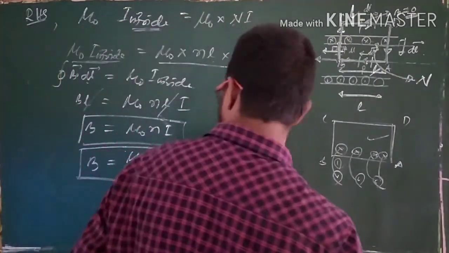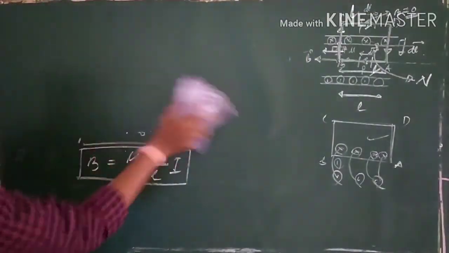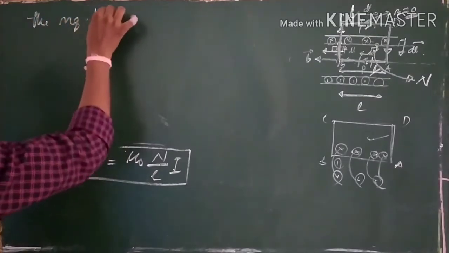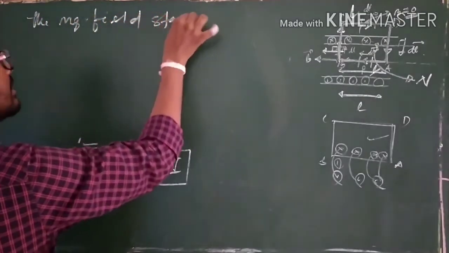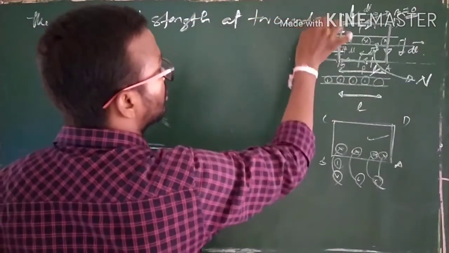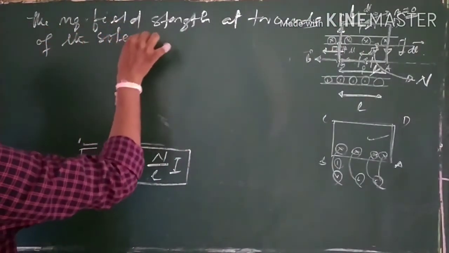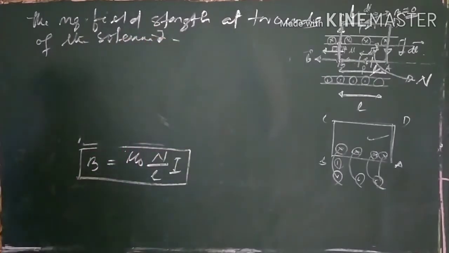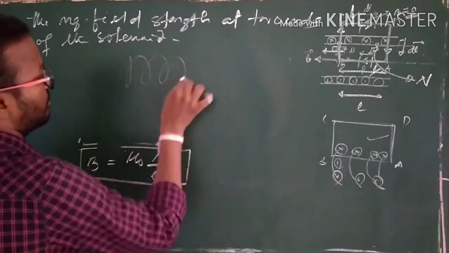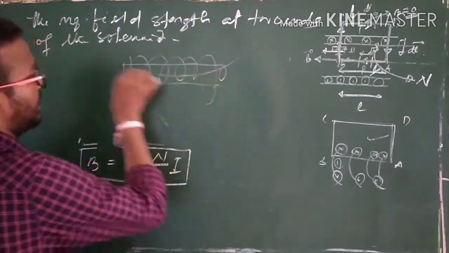Clear? Okay. Now if we find the magnetic field strength at the two ends of the solenoid, suppose this is the solenoid, and this is the direction of the magnetic field.